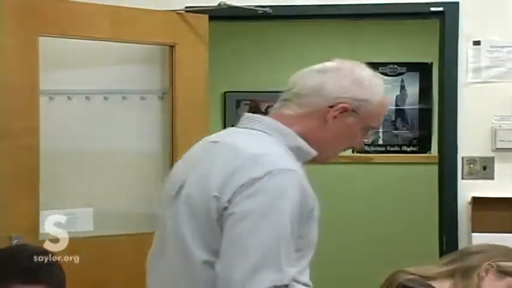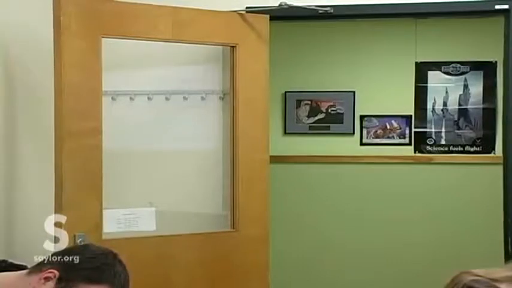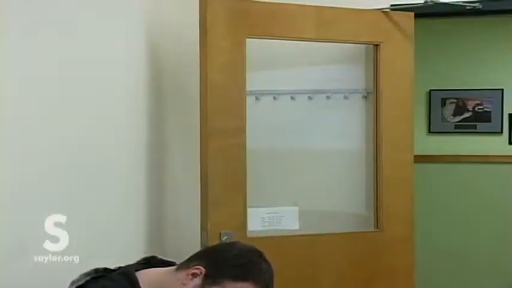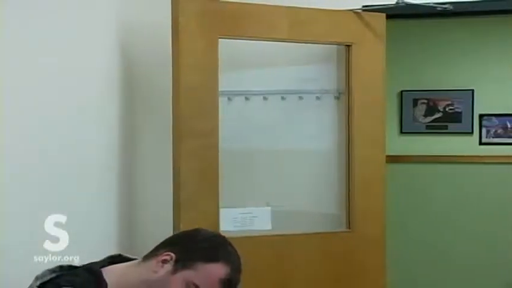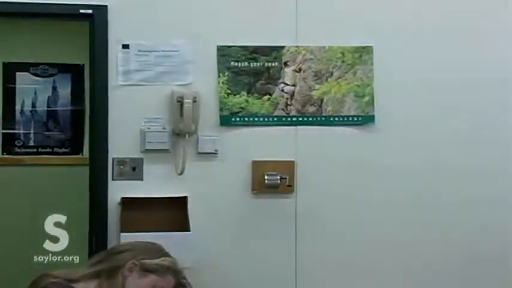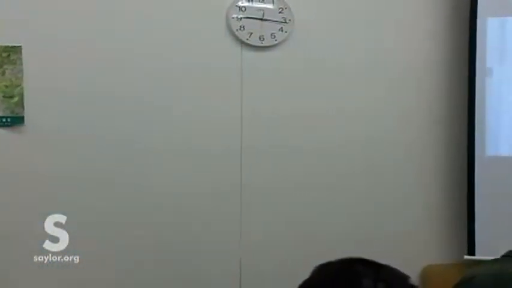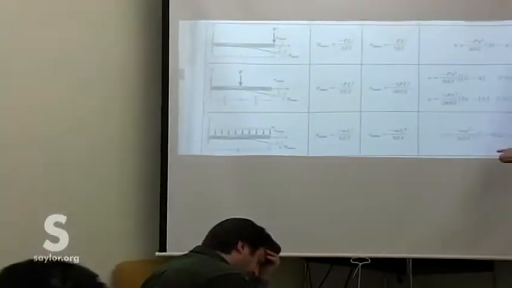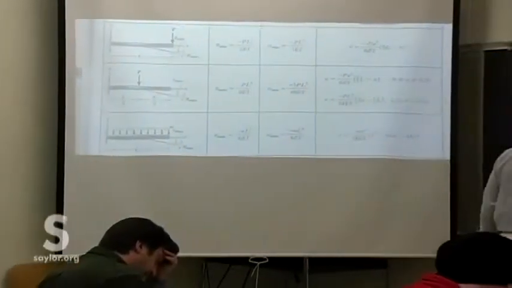Okay, again, just write out the equation for the elastic curve and put them together. Let's see, I have this one on the board. Right there, minus wx squared, the minus is okay, over 24 EI.